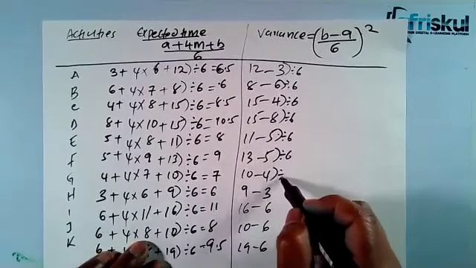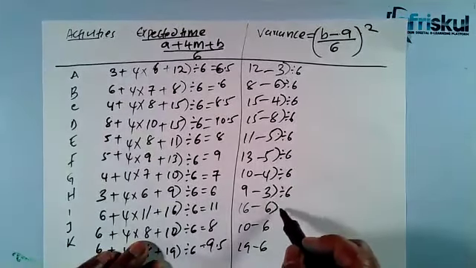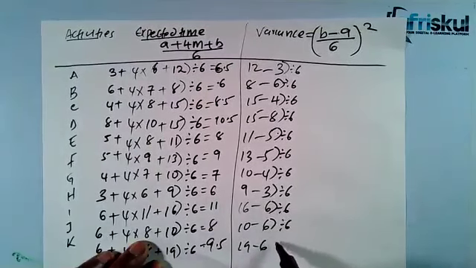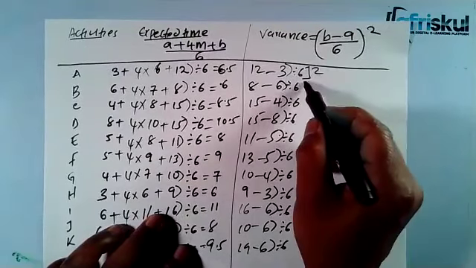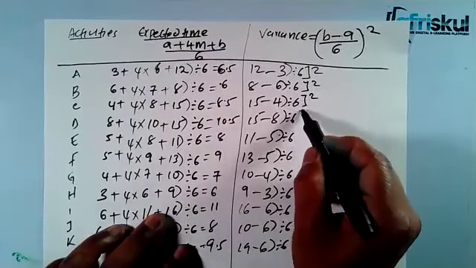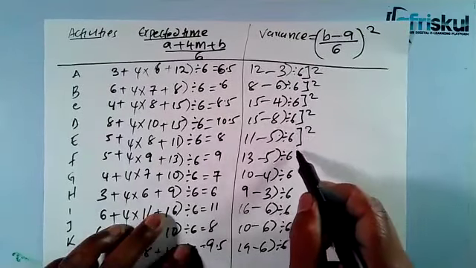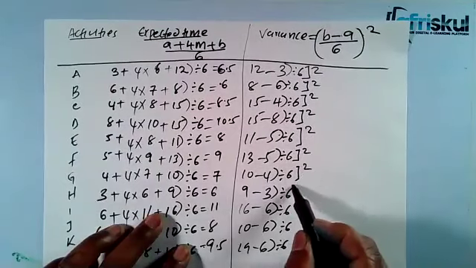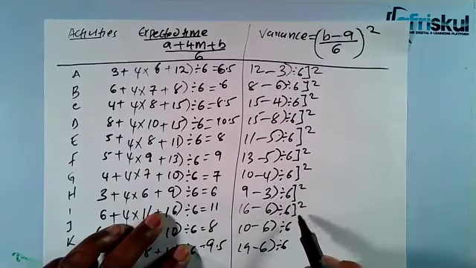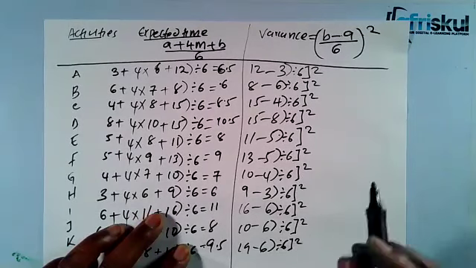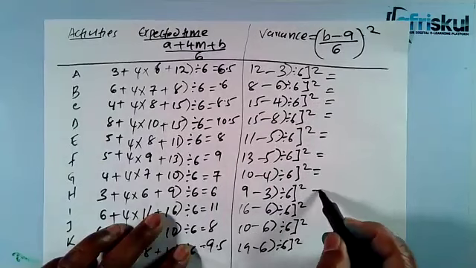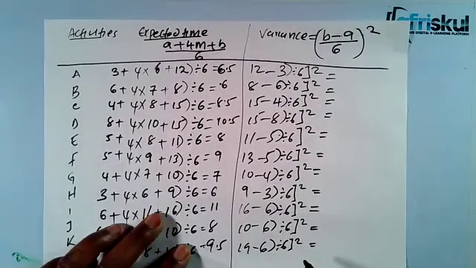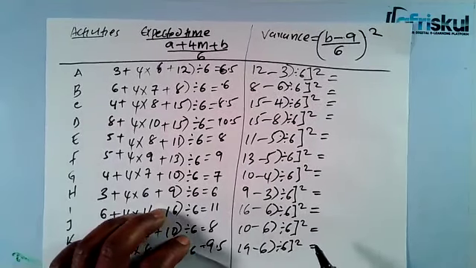You divide by 6 first. Then after you get that, you square your answer. Can you do the first one and post your answer there? Yeah, correct.